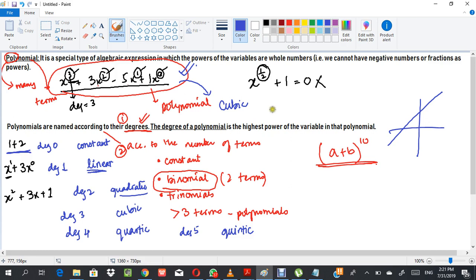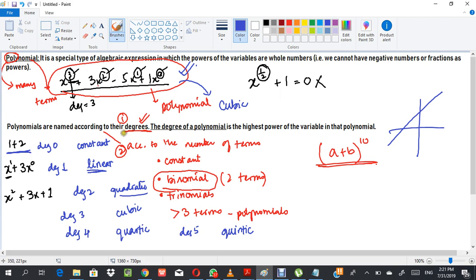Anyway, so what we have done so far, we have covered the definition of polynomial. We have covered the fact that poly refers to many and nomial refers to terms. So a polynomial is an algebraic expression comprising multiple terms, which can be just one term as well. And that makes it kind of a misnomer, but anyway.